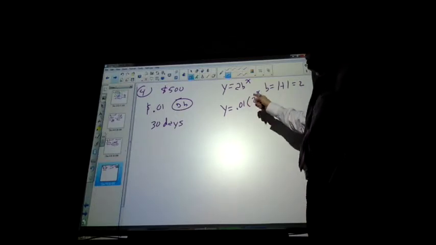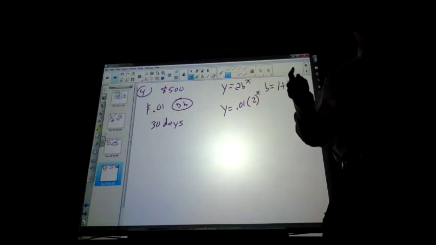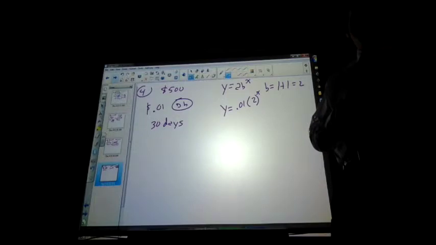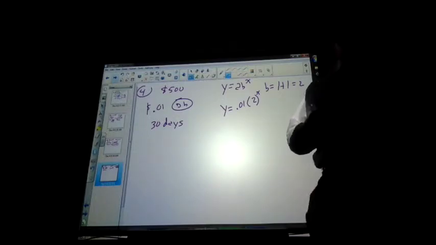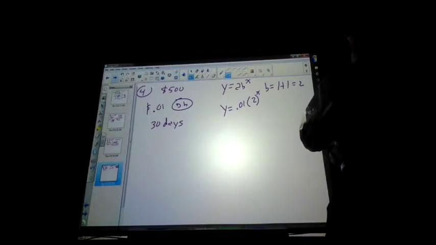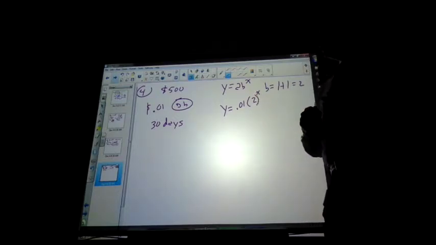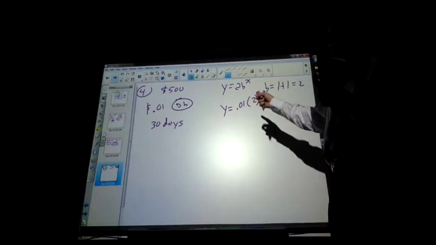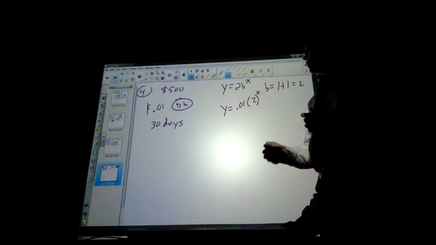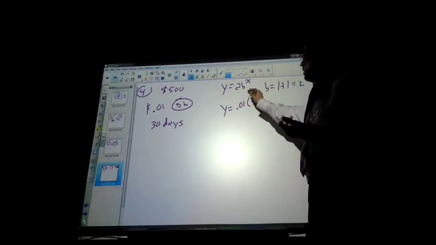If I put a 3 here, 2 to the third power is 2 times 2 times 2, which is 8. 8 times 0.01, 8 cents. If I put a 4 in here, 2 times 2 times 2 times 2, that's 16. 16 times that. So I feel confident about our thing.